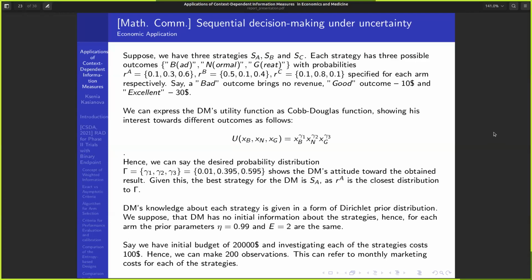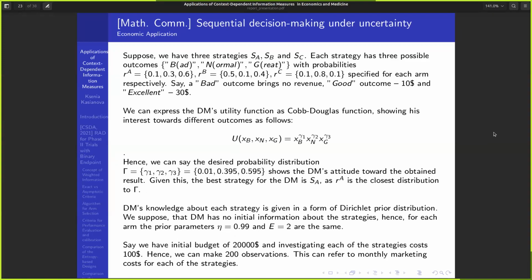And for each of these different strategies, we can specify the observed probabilities, RA, RB, and RC. And also we can write down the utility function in Cobb-Douglas form.